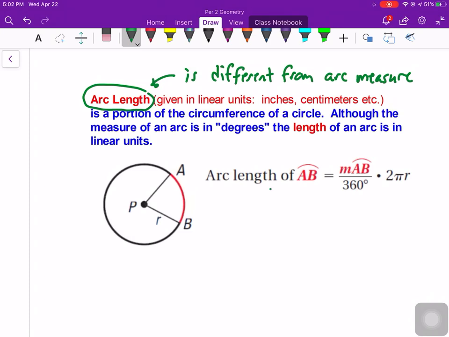And the arc length is the fraction of the circle times the circumference formula, 2 pi r. And the arc length is often denoted with just a capital L. Let's take a look at an arc length problem.